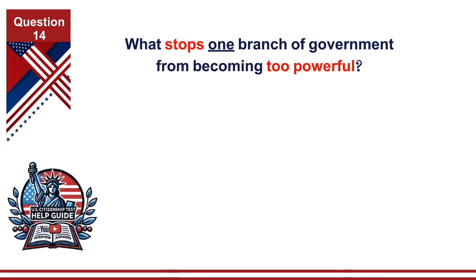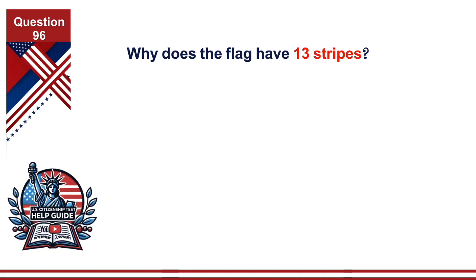What stops one branch of government from becoming too powerful? Checks and balances. Why does the flag have 13 stripes?